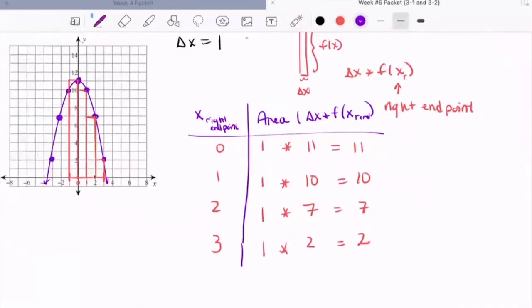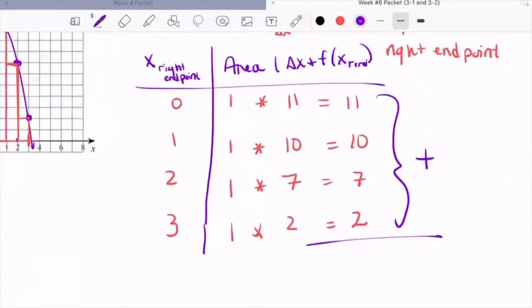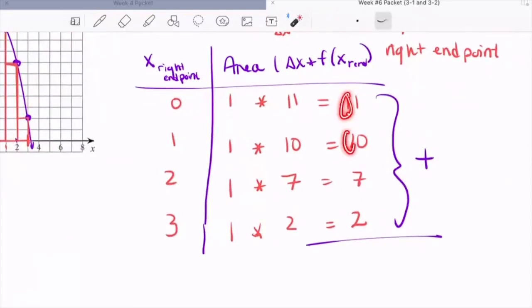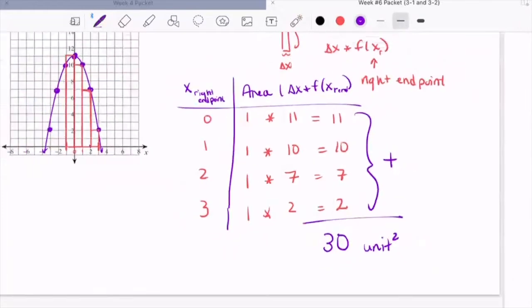And now what's the next step for estimating the entire area? Is to add these up. So if we add them up, we can count up here. So we have 10 plus 10 would be 20. And then we have another 7, 8, 9, 10. So 7, 8, 9, 10 coming from the ones, and then 2 10s here. So it'd be a total of 30 units squared.